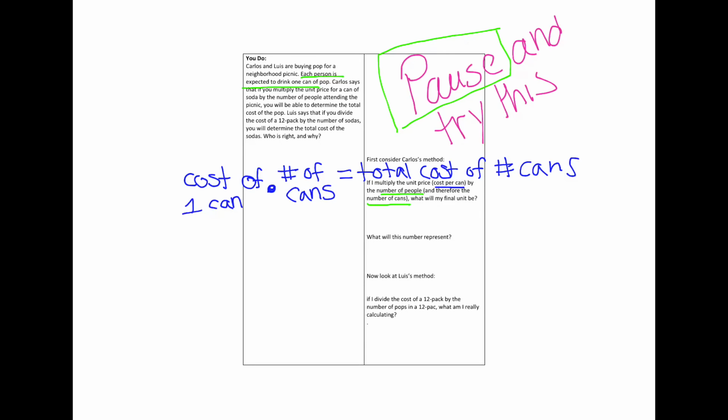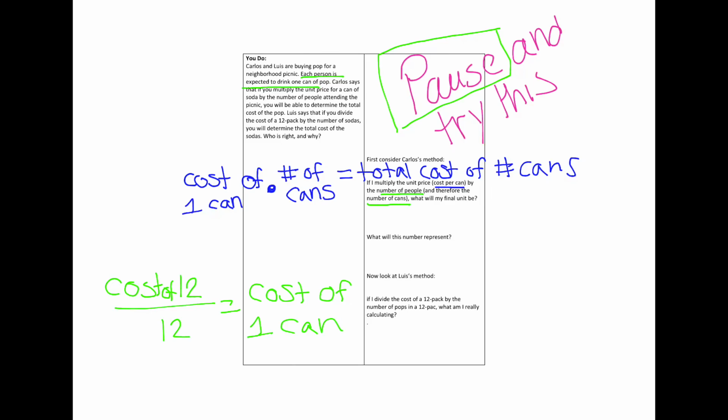On the other hand, if we take the other method, we have 12 cans in the 12-pack, so that's the cost of 12 cans divided by 12 will give us the cost of 1 can.